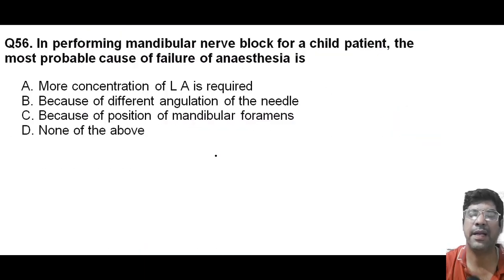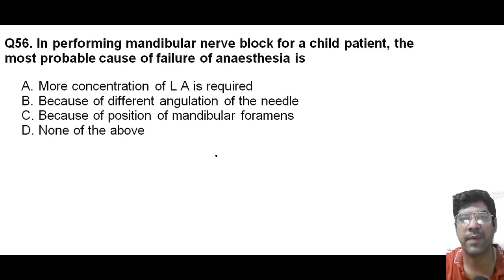In performing a mandibular nerve block for a child patient, the most probable cause of failure of anesthesia is, well, the answer is B. When performing a mandibular nerve block for a child, the angulation of the needle may need to be adjusted due to differences in anatomy compared to adults.